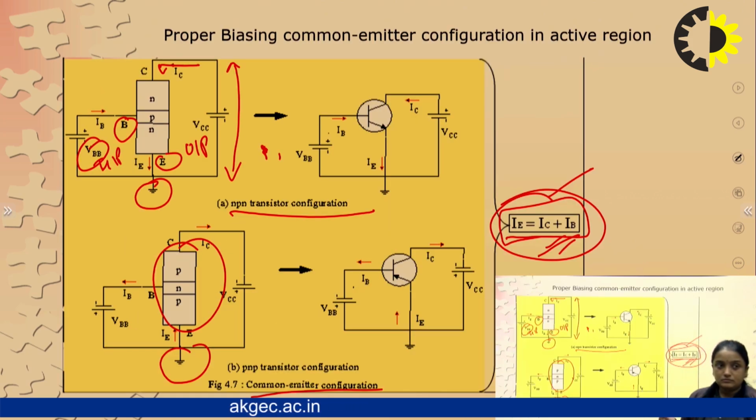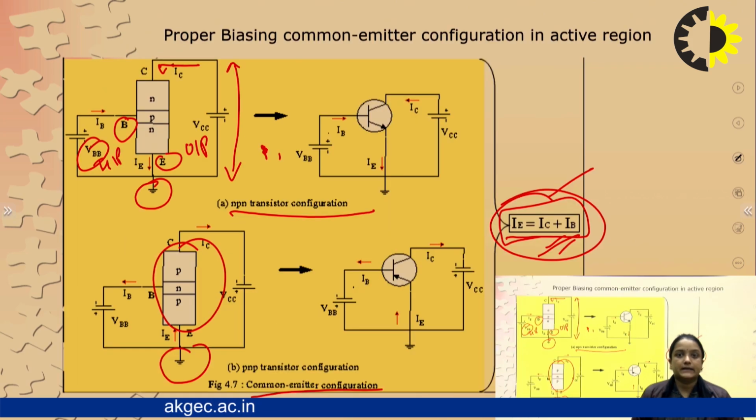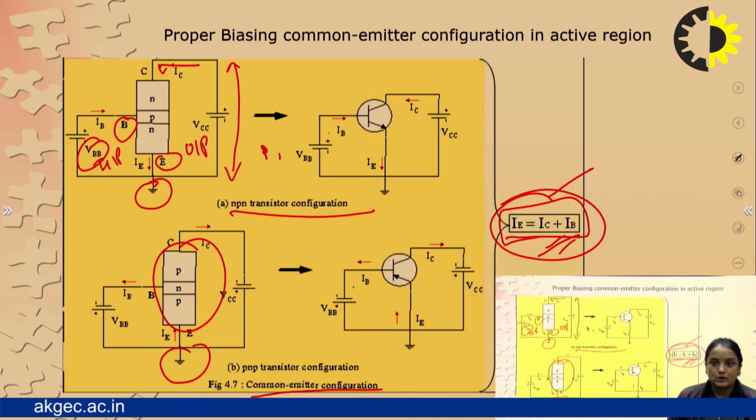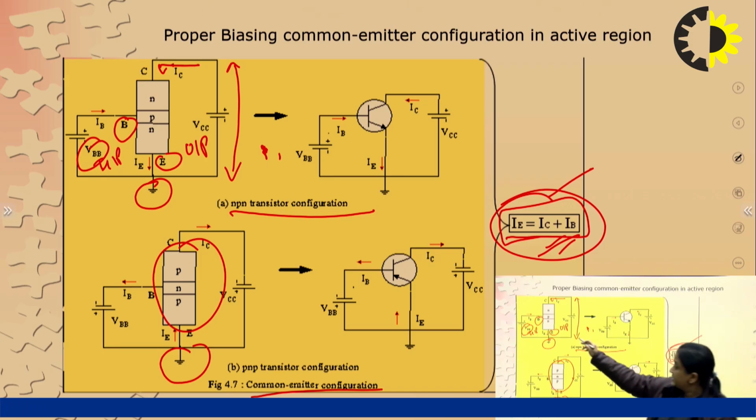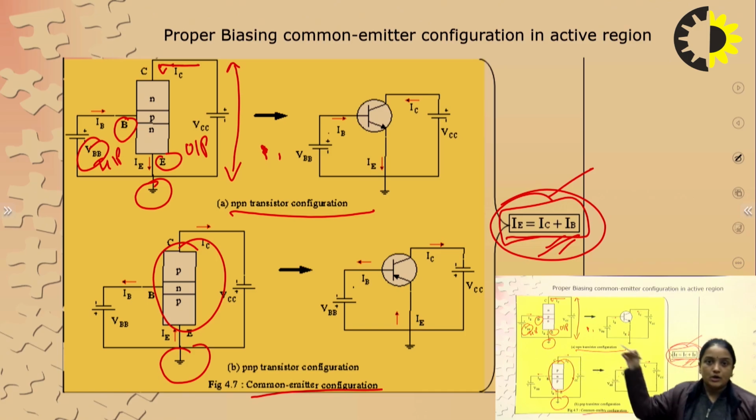So now, to analyze the characteristics, we are discussing the characteristic part also of this BJT in common emitter configuration. To draw the characteristics, it is very essential to keep in mind the circuit diagram of this NPN transistor or PNP transistor in common emitter configuration.